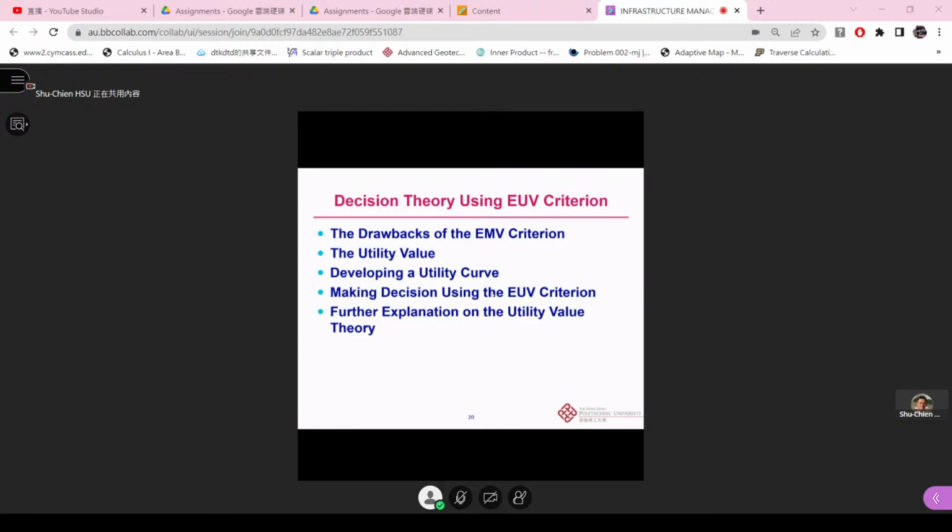I will show you what those drawbacks are and how we can overcome this kind of limitation. We are going to use the utility value, called EUV, so that we can develop the utility curve and then make decisions using the EUV criterion, and then we can have further explanations on the EUV theory. All right.